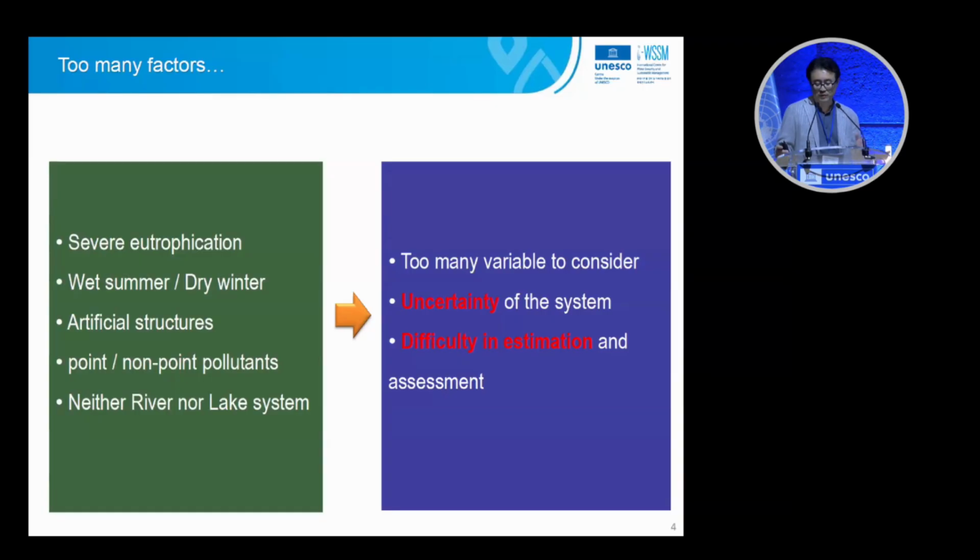So this is a huge difference. There are many artificial structures for flow regulation, and many pollutant sources with a high population. Therefore, the predictive uncertainty is high and estimation and evaluation are difficult.